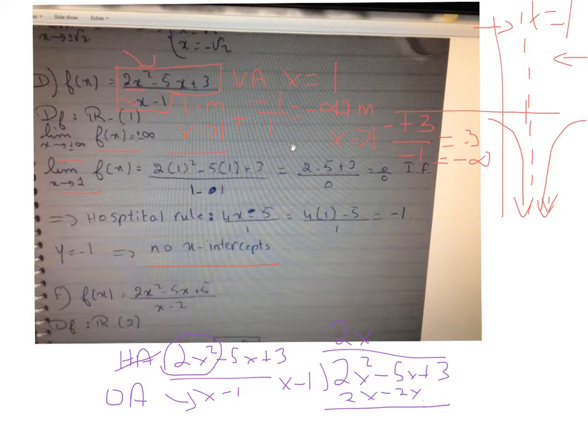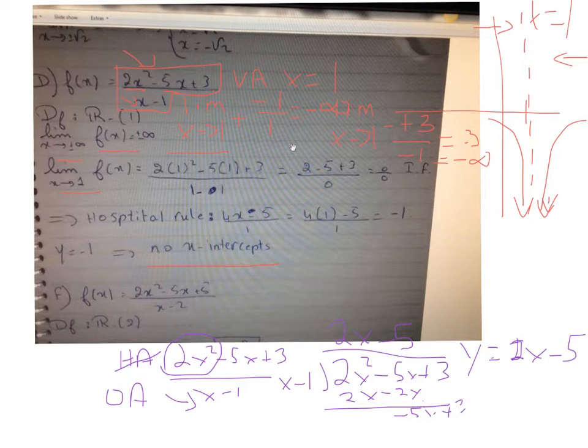When I subtract those, I'm going to get minus 5x plus 3, and then I'm going to have to put a minus 5 to make that match. So my oblique asymptote is y equals 2x minus 5. It's an equation of a line. It's just going to be a slanted line instead of a horizontal or a vertical line.